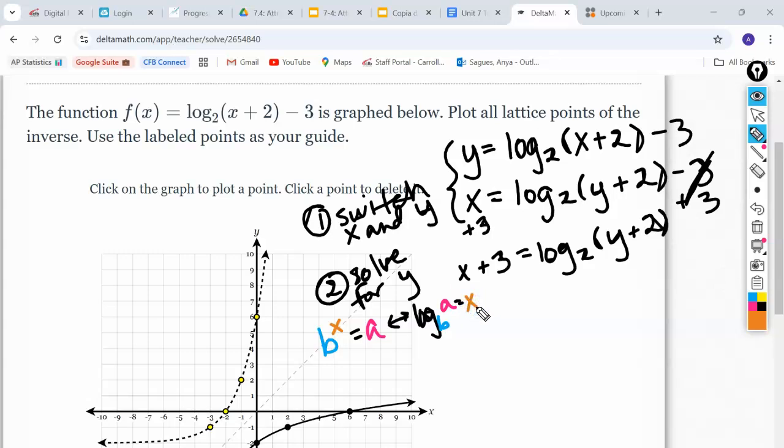Now, it's not exactly in the same order. Like the sides of the equal sign are switched, with the log on the right side instead of the left side, but it doesn't matter. So I want to write this in exponential form.